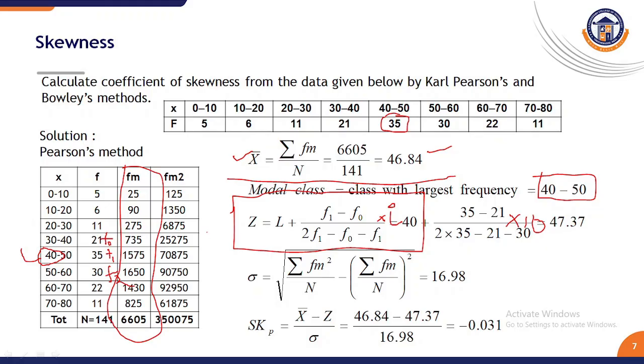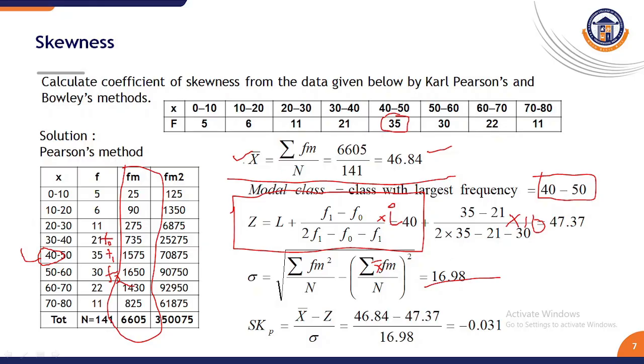Then find out the standard deviation value. Standard deviation formula for continuous case is square root of sum of fm square divided by n minus sum of fm divided by n whole square. That is x bar square, mean square value. After substituting these values in this formula, the sigma's value is 16.98.